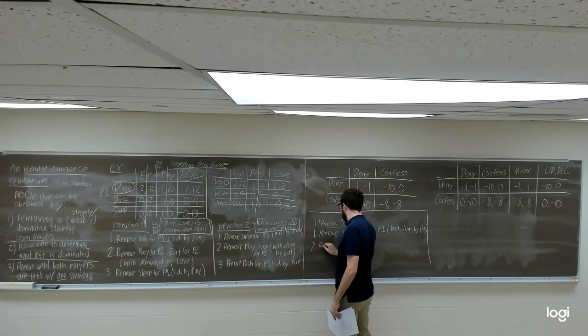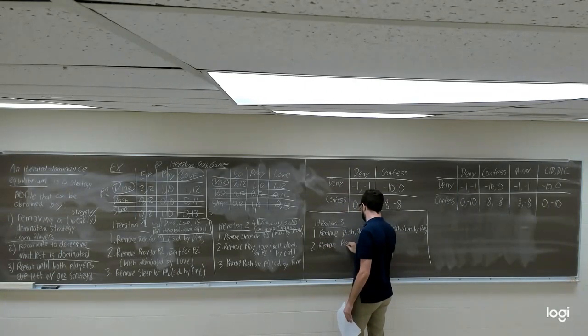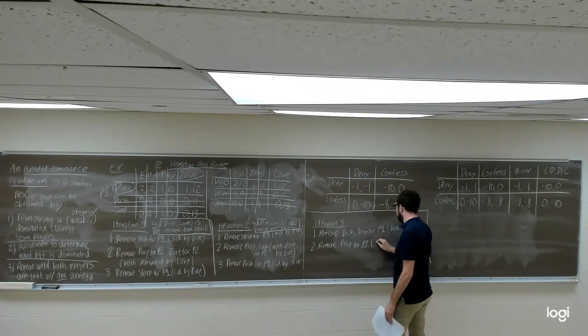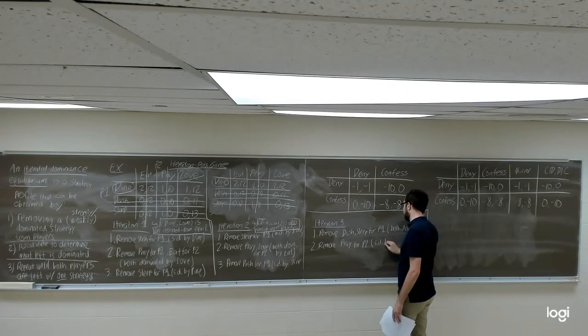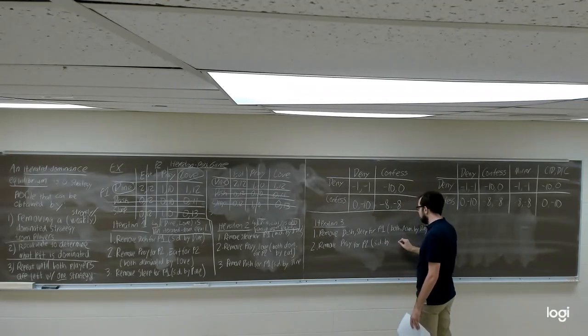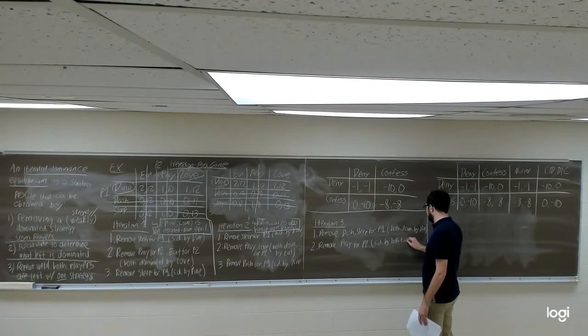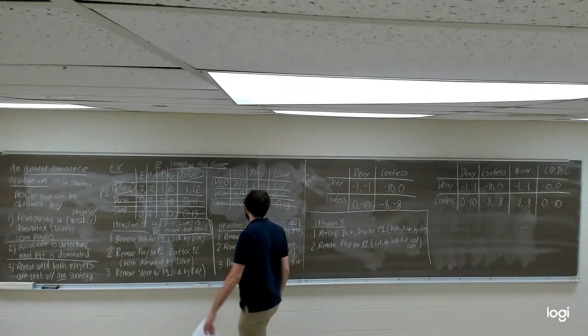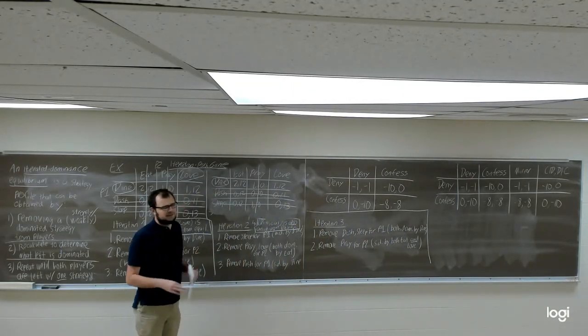So now we can remove prey as a strategy for player 2. And it's going to be strongly dominated by both eat and love. And now, player 2 has 2 strategies left, eat and love.